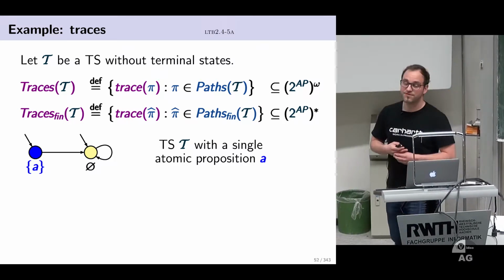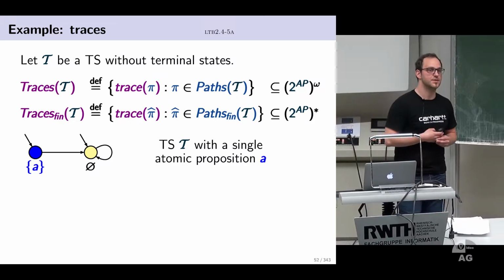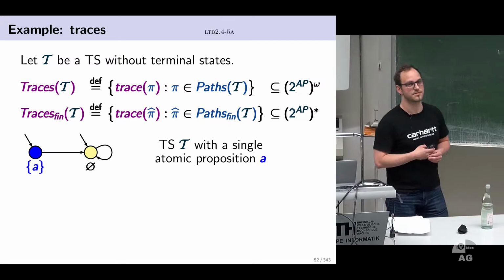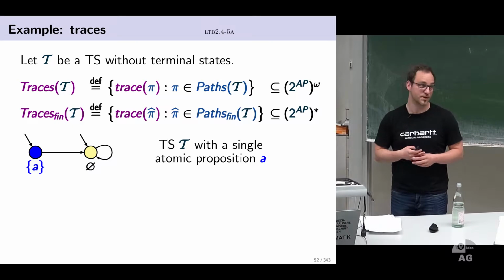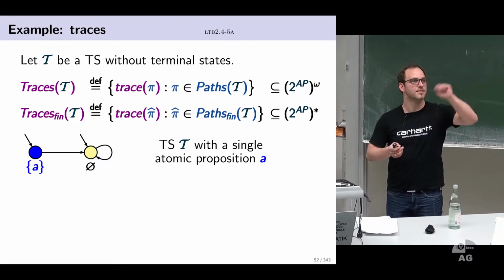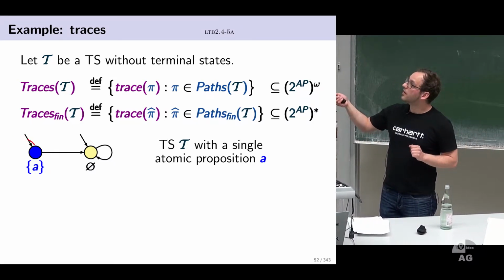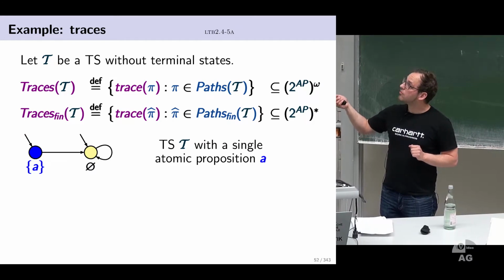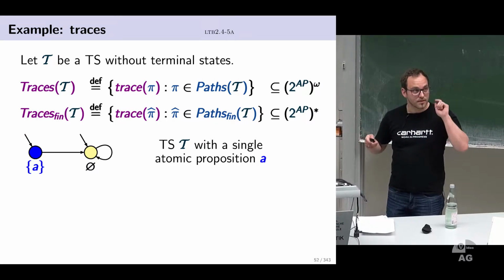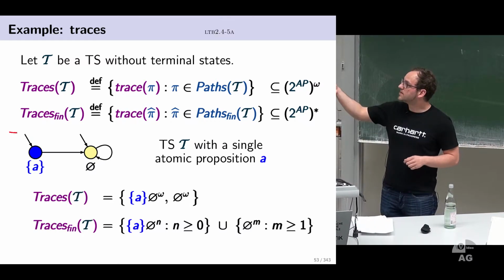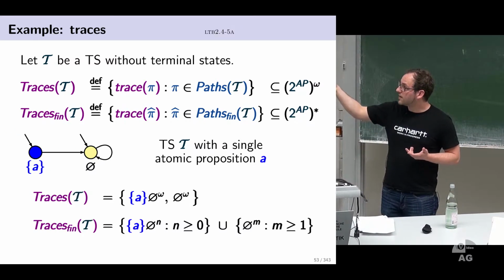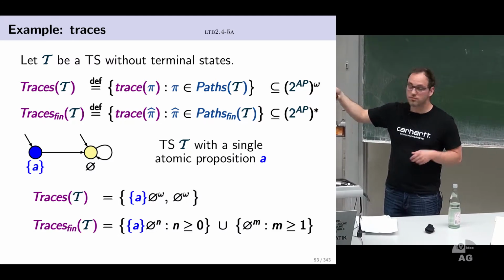Let's move to the finite traces of this transition system. What are the finite traces? Or what is one finite trace? Exactly. And this is exactly what is written here. It means that you start in either of those two states. So let's assume it is this one, then you start with an A, and you can stop there.